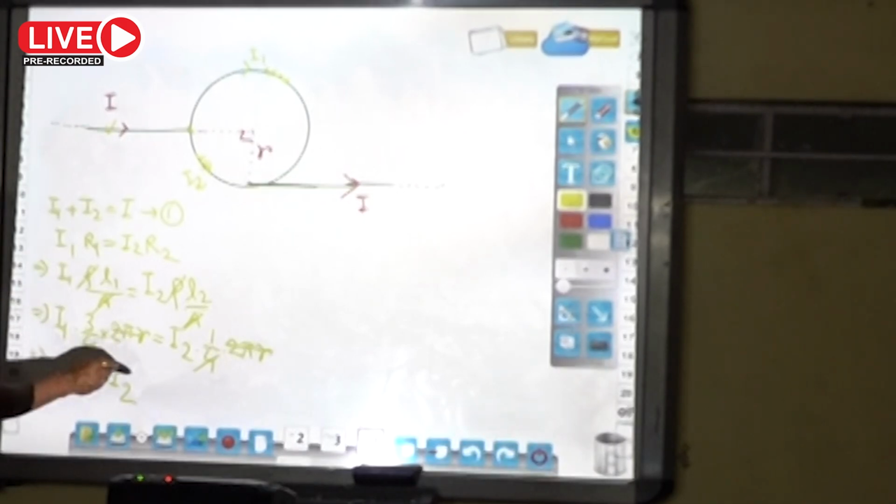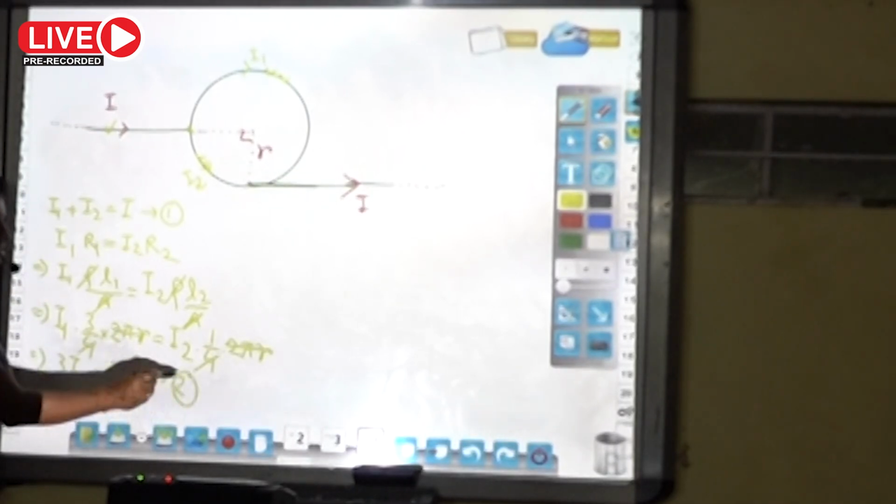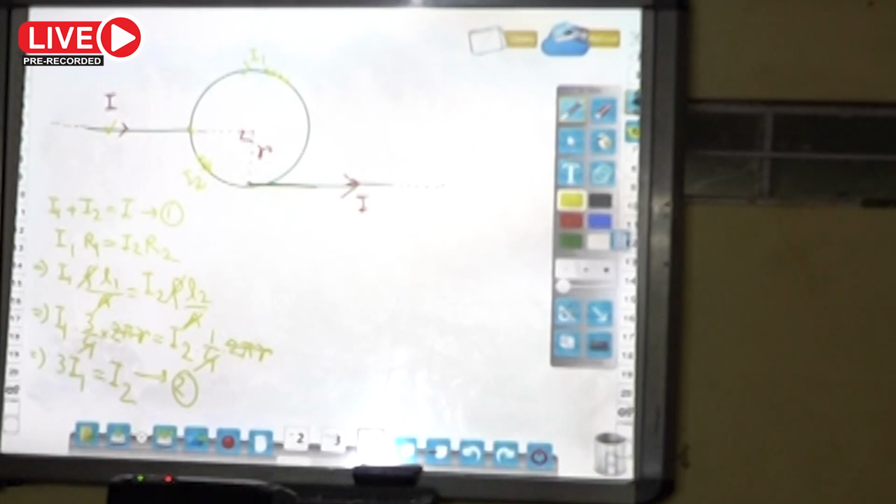Now you have two equations, equation 1 and 2. Just find the value of I1 and I2. One is I1 plus I2 equal to I, another is 3 I1 equal to I2.